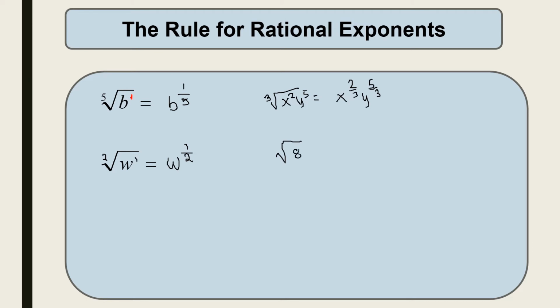So next, what about, teacher, if it is like this? The square root of 81 x cubed y. So therefore, as you may see, first you must simplify it. So it will become 9. The square root of 81 is 9 because 9 times 9 equals 81.